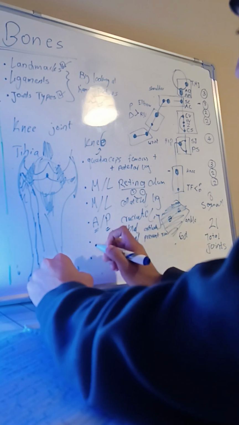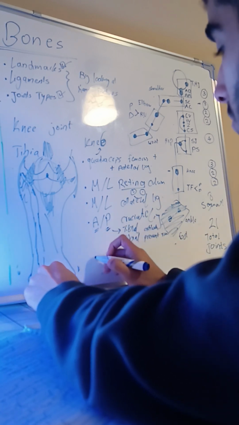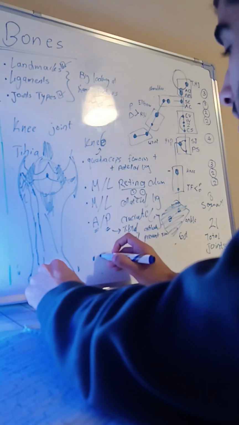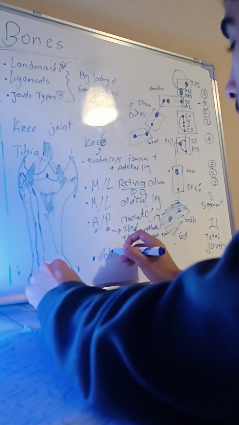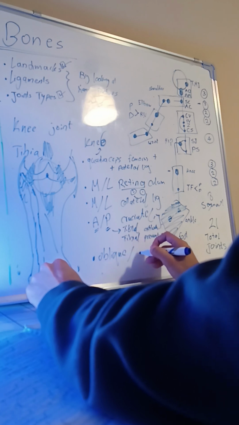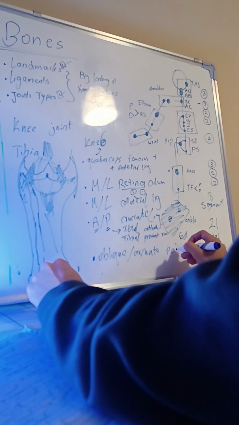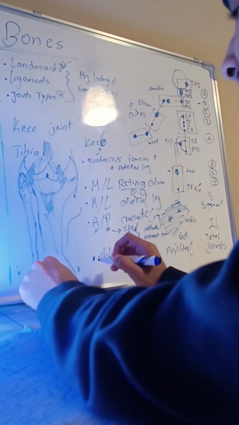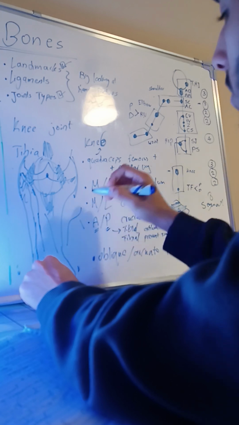Okay, the last two, there is one which is found at the back. There is the oblique and the arcuate popliteal ligament. The oblique will be looking like this. The arcuate will be looking like this.